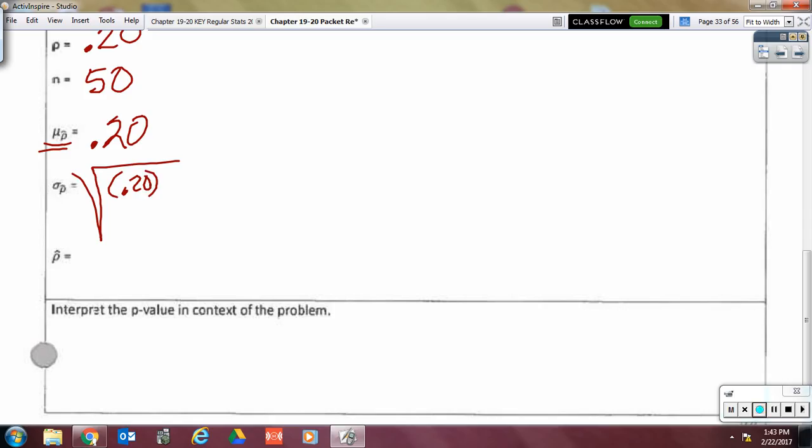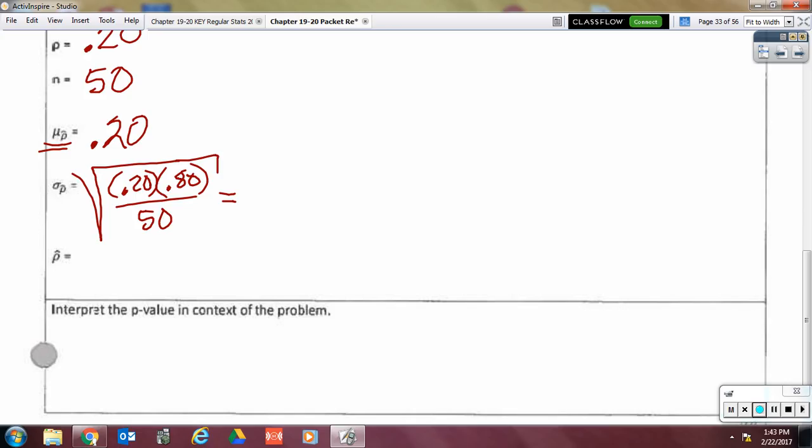Okay. It's p hat times 1 minus p hat. But it's p times 1 minus p over n. Okay, and I'll get you that number here in a second. How about p hat? What is our sample p hat results?